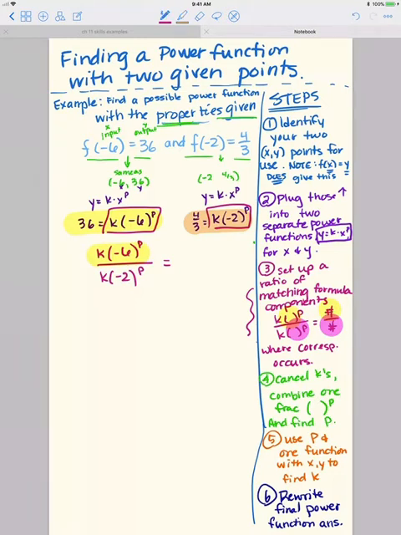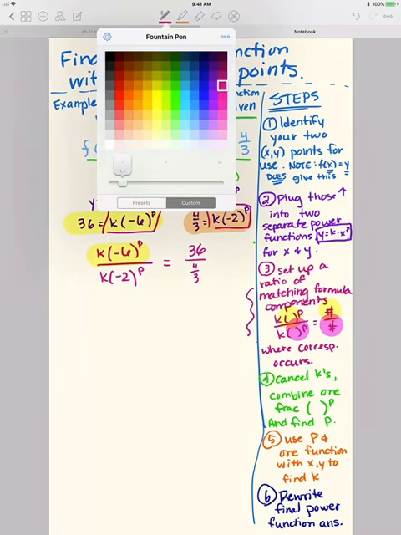So if we put -6 to the p on top, we've got to put 36 on the top of the ratio on the right side. So 36 over 4/3 is the way that sets up. We'll cancel those k values.